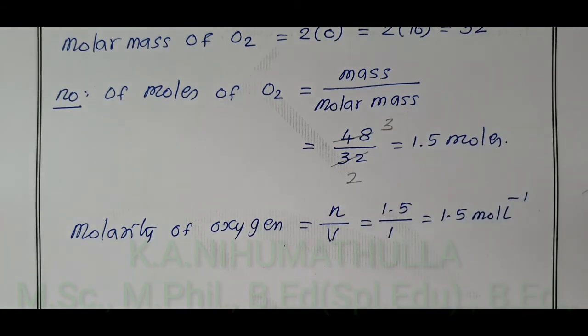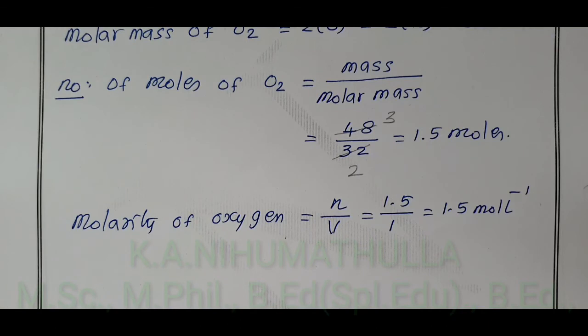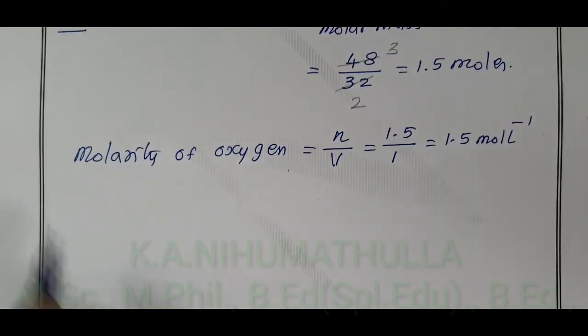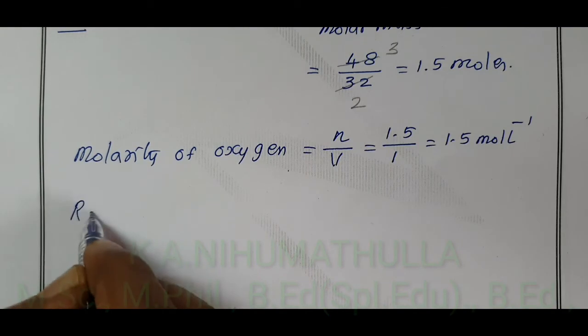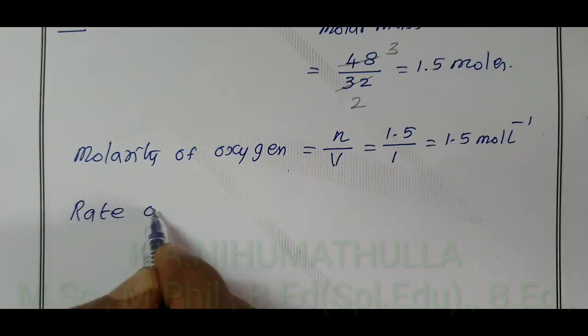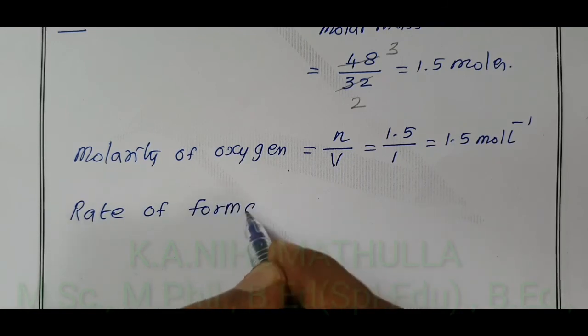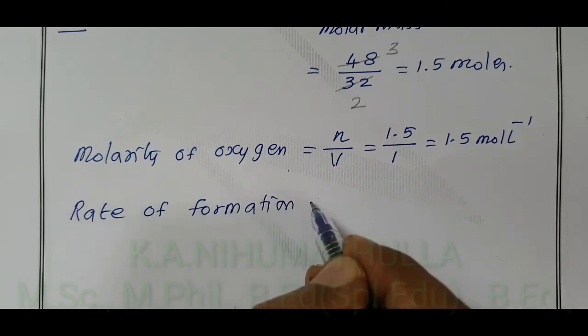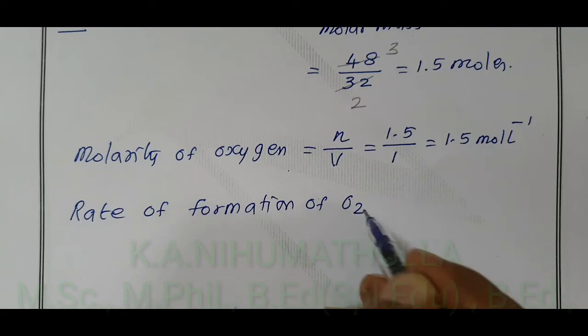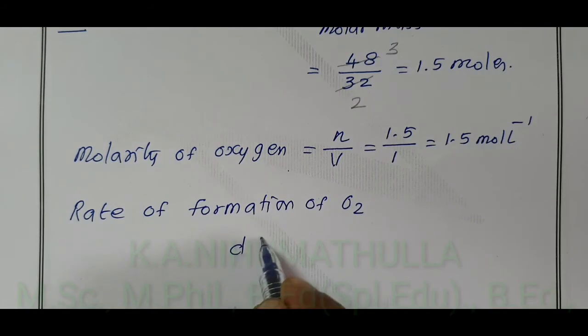This is molarity. By t means rate. So, rate of formation of O2. How to write the formula? d of concentration of O2 by dt.